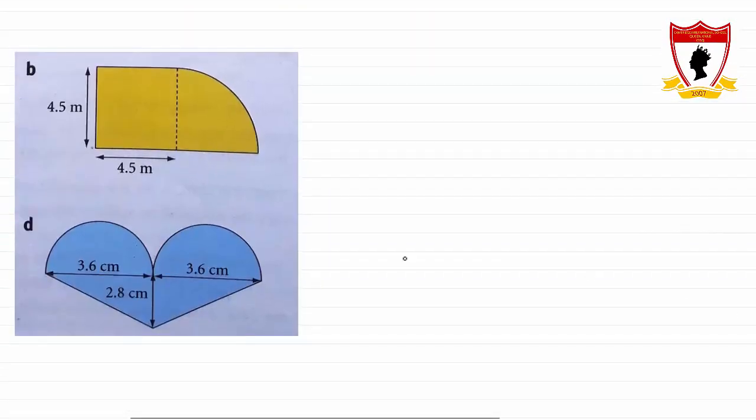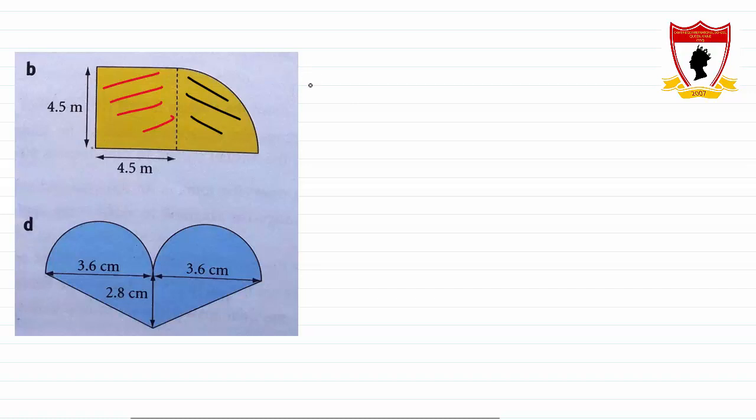Finding the area of compound shapes like this: here we have a square and a quarter of a circle. So we know the radius, from here to there, this line is equal to this one, and it's 4.5.